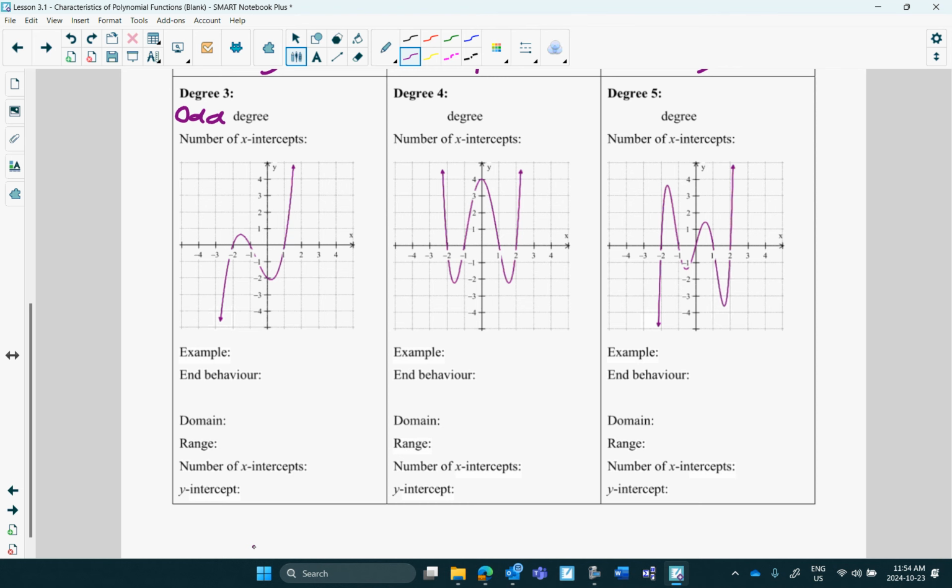Whenever you find the volume of something, your answer is always in units cubed, because cube stands for 3. It's a cubic function.